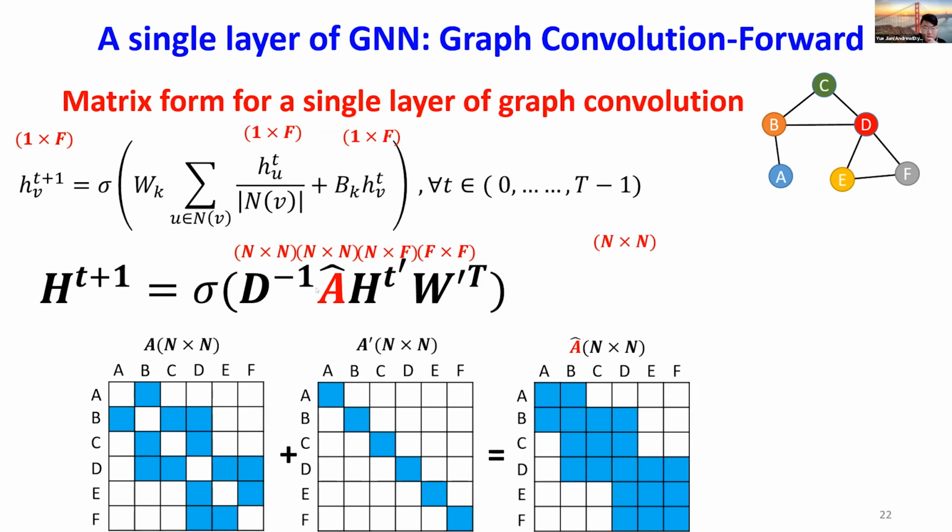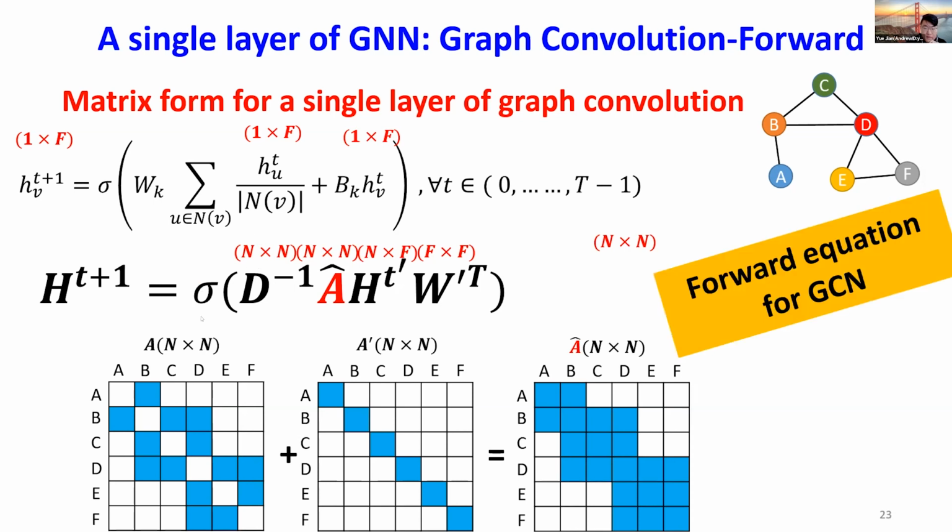So the only difference is this adjacency matrix term and the weight terms. The node feature terms are the same, and so is the normalizing matrix. And this is the forward equation of a graph convolution.